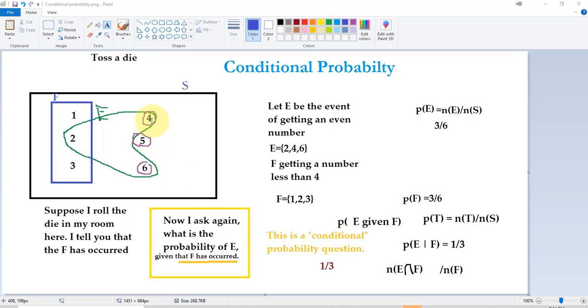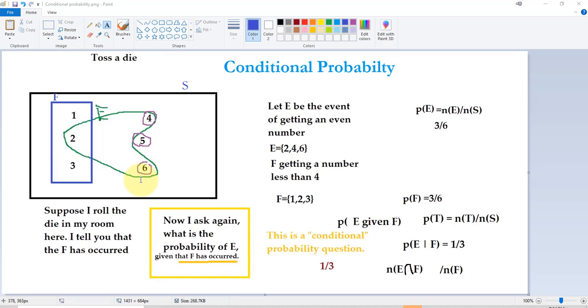So is it possible that we got a 4? No, that's not possible, because we know that F has occurred, and F is this blue rectangle here. So 4 is not possible if we know that F has occurred. And the same thing with 5, and the same thing with 6. These are just not possible.